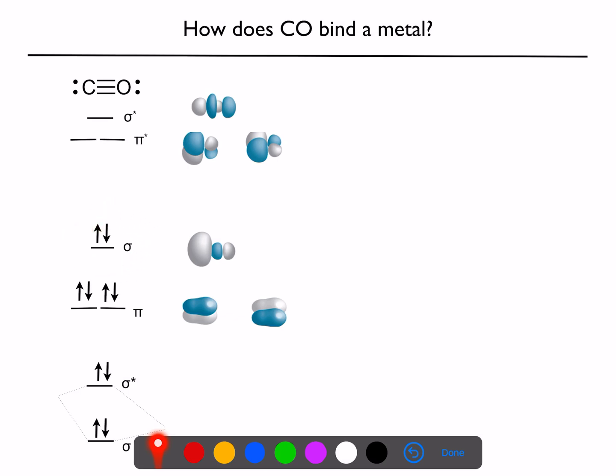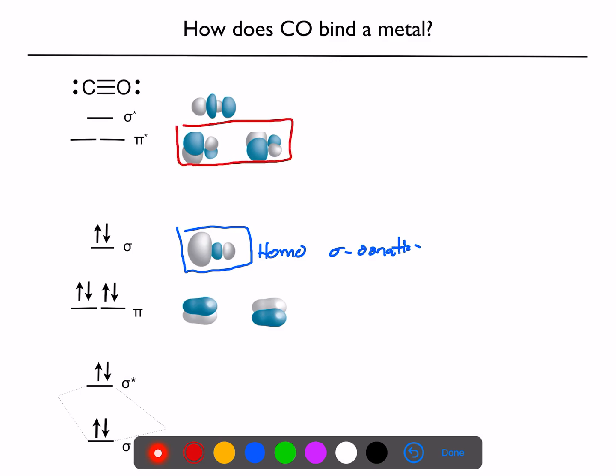And then the key is, when we look at how carbon monoxide binds a metal, it's going to donate electron density through the HOMO. So here's our HOMO, and this HOMO is going to undergo sigma donation. We also know we have a pi star LUMO, and it's this pi star that's going to be able to accept electron density from the metal.